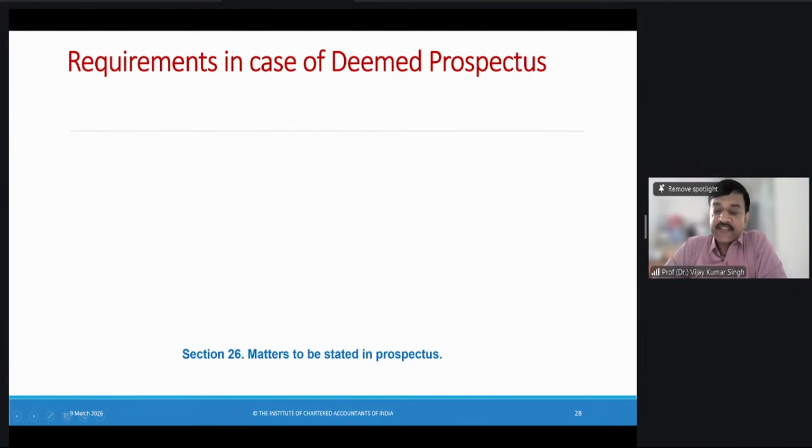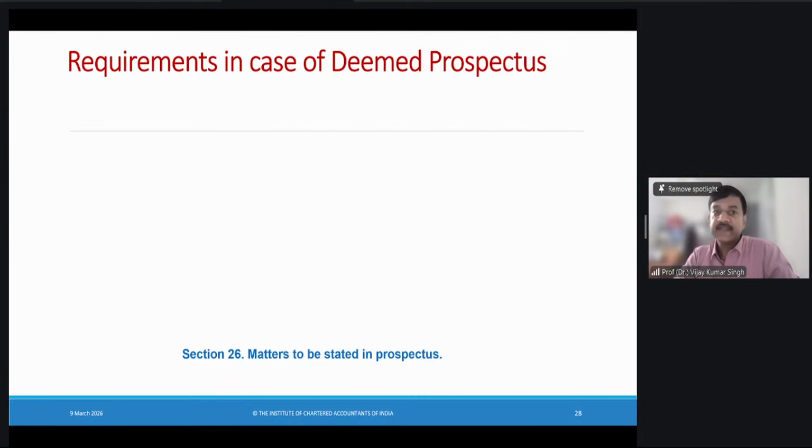If you see section 26, it talks about the requirements of a prospectus, or the matters which need to be stated in a prospectus. But section 25 talks about the matters which are required to be put in the deemed prospectus. It gives additional conditions beyond section 26, and that is why it is a specific section.